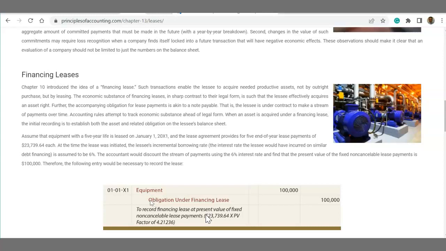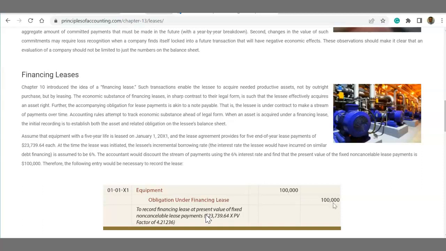Companies normally don't like to recognize financing leases. Why? Because the moment they recognize a financing lease, they have to recognize two things. First, they recognize the asset that they are financing, which is an asset of 100,000. At the same time, they have a liability for the lease for the next, let's say, 5 years, whatever it is.